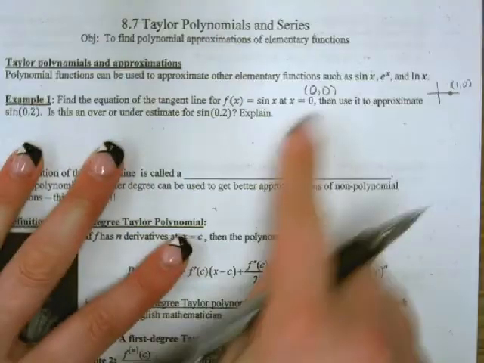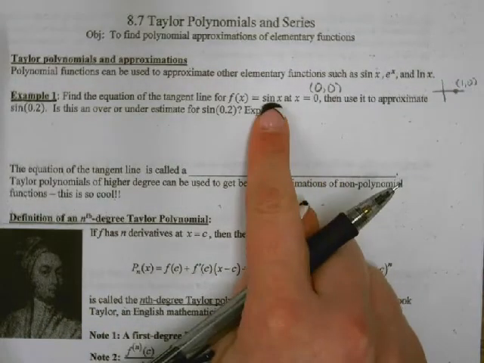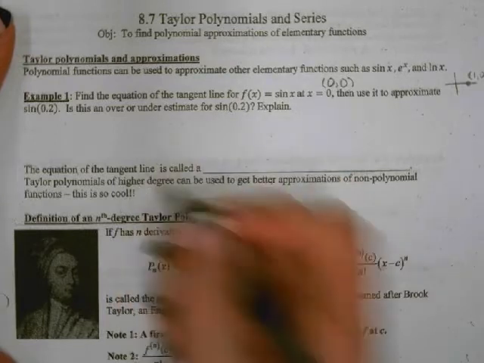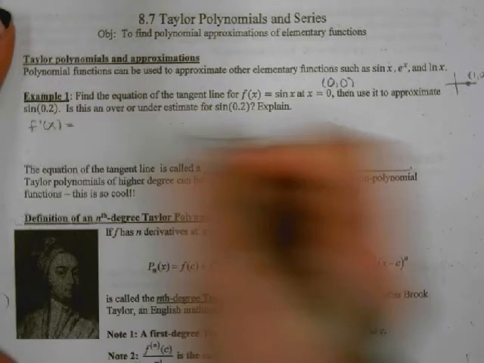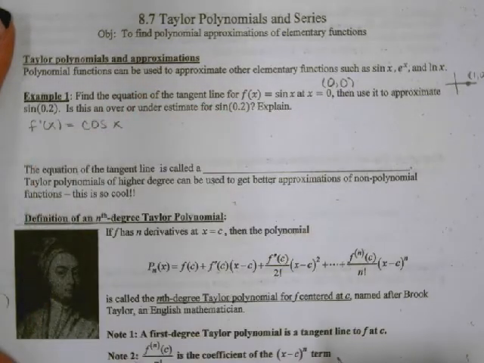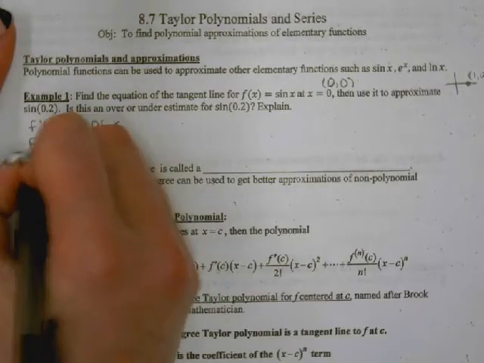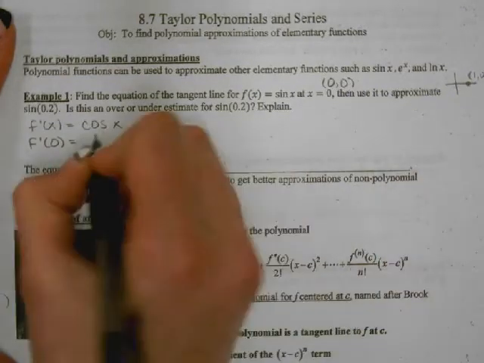To find the tangent line, you take the derivative of the function, and then you figure out what the slope would be at this point specifically. So the derivative, f prime of x, the derivative of sine is cos. Then we want to see what the derivative is evaluated at 0, and of course cos of 0 is 1.